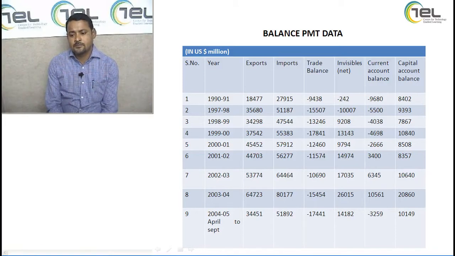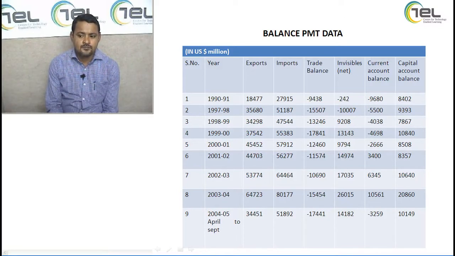The trade balance was negative, and the net invisible items, the trade balance of the services, were also negative. Total current account balance was negative to the tune of $9,680 million. The capital account balance was although positive, $8,402 million. So thereby the BOP was negative.